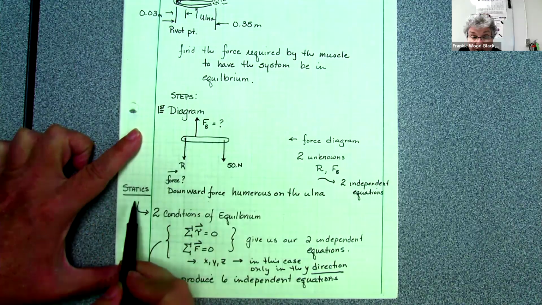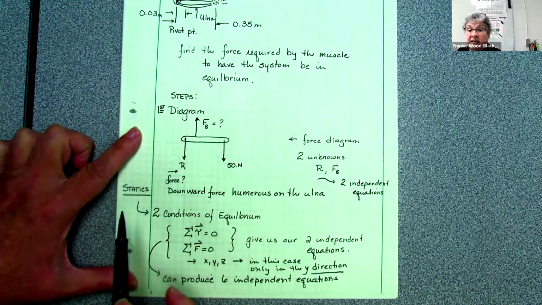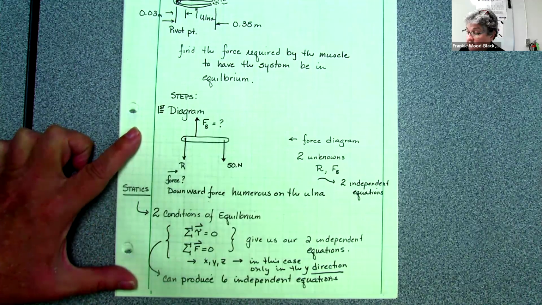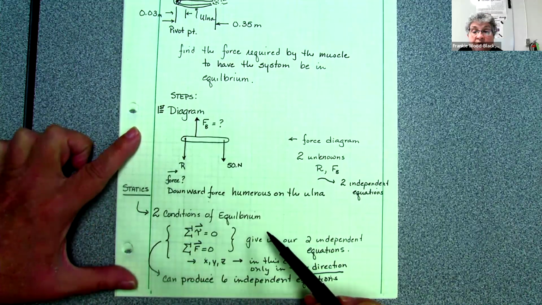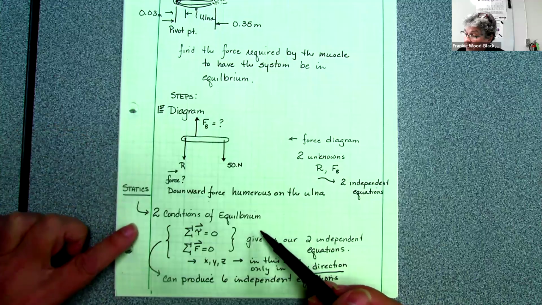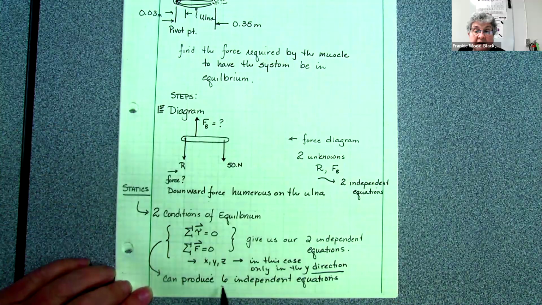So for my construction engineering students, and for those that are in architectural design, not architectural engineering, because your architectural design students have to take general physics. These are what you're taking your general physics for, is to get to this point where you get your two conditions of equilibrium and we can produce 6 independent equations. And that becomes very important in structures.